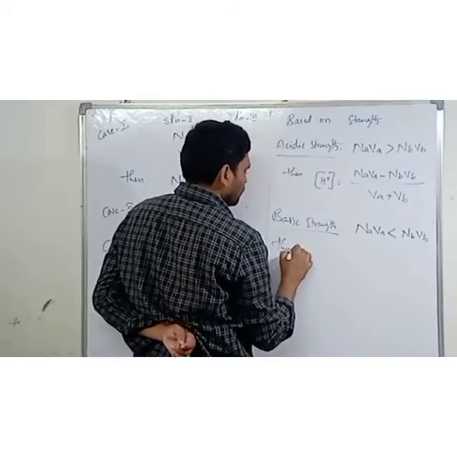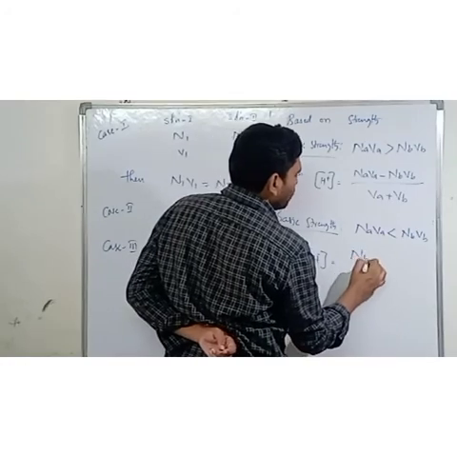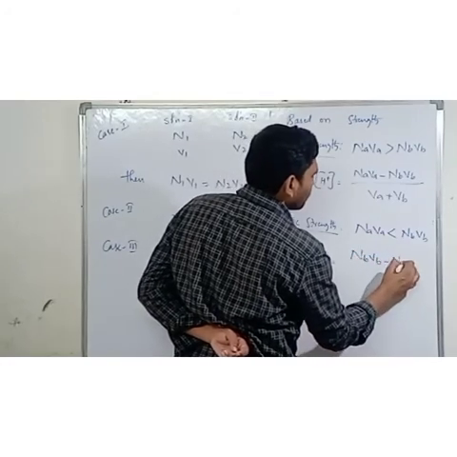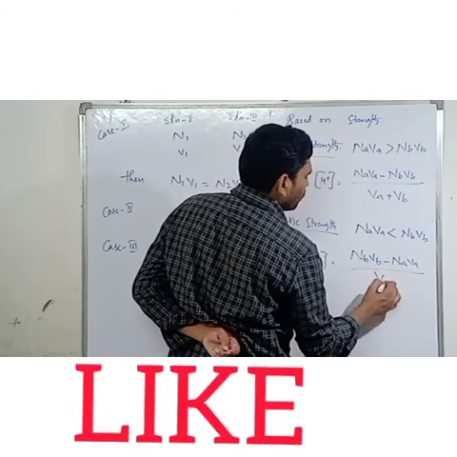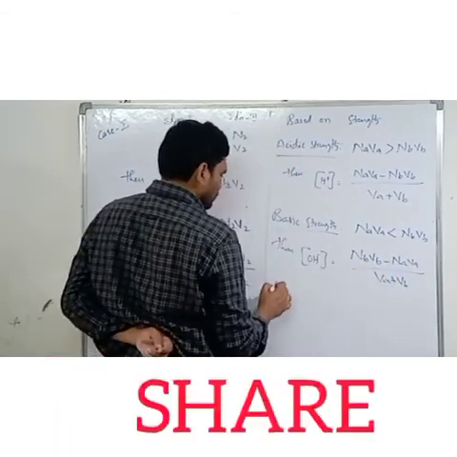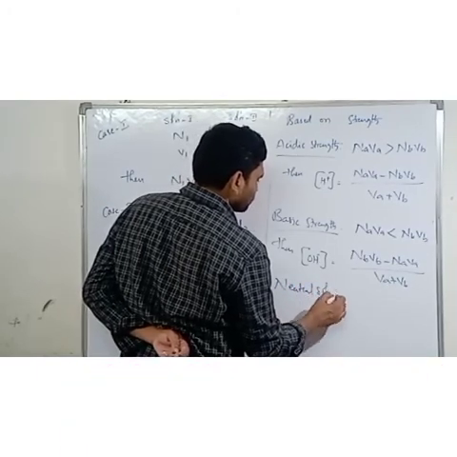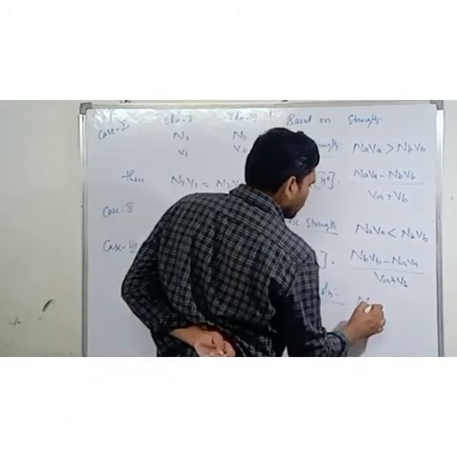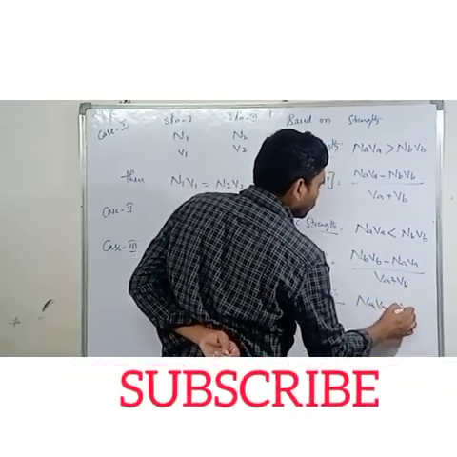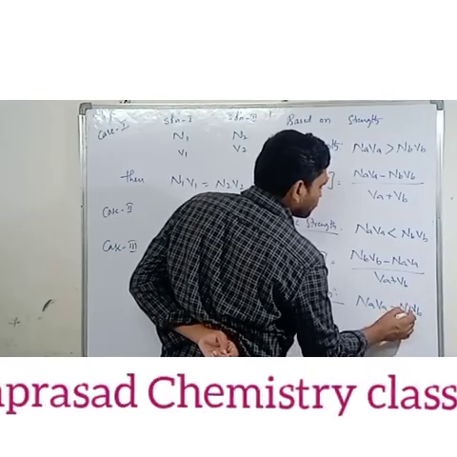Then OH minus concentration equal to NbVb minus NaVa by Va plus Vb. Next, neutral solution. In a neutral solution, NaVa equal to NbVb.